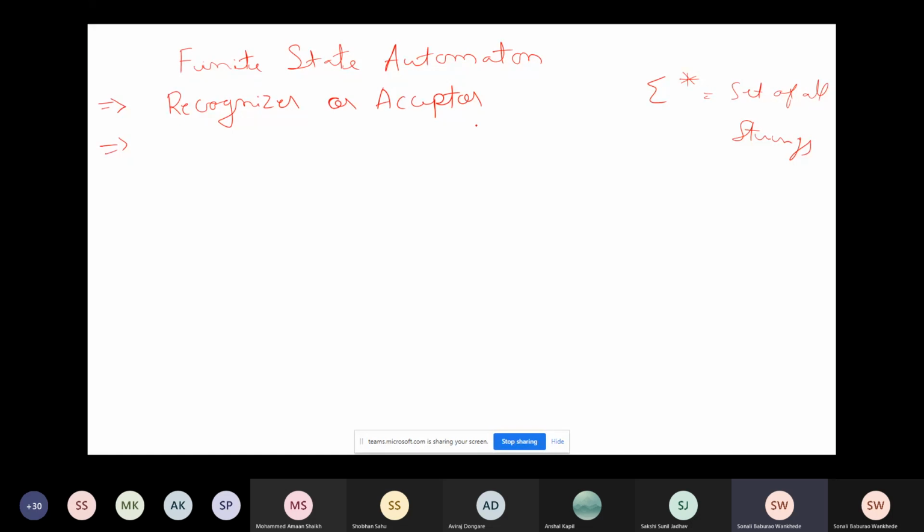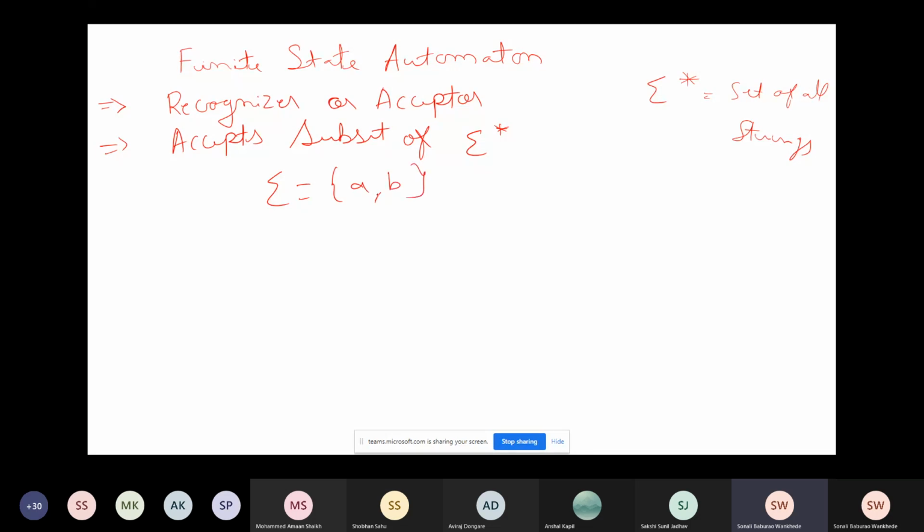So an FSA is designed such that it accepts a subset of sigma star, for example, where sigma is equal to a comma b.